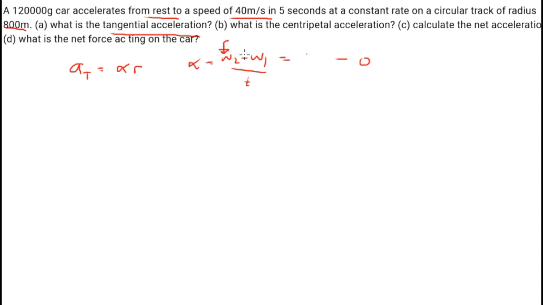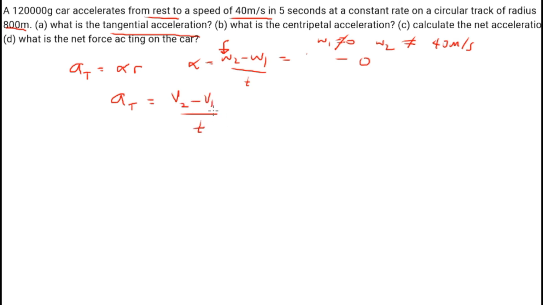Omega 1 right here is not 0, and omega 2 is not equal to 40 meter per second. The unit of omega 1 and omega 2 is supposed to be rad per second because they are angular.